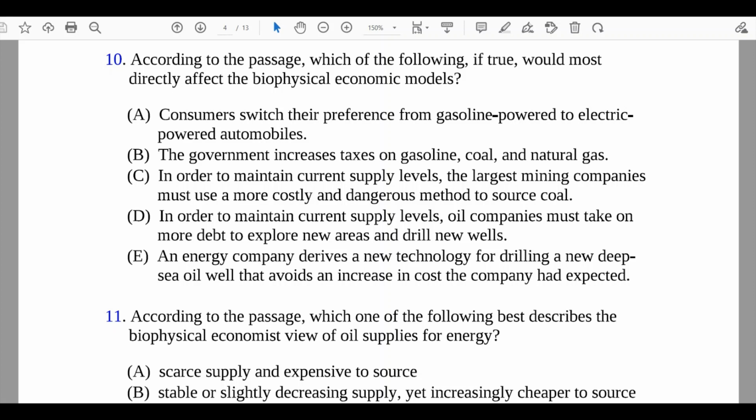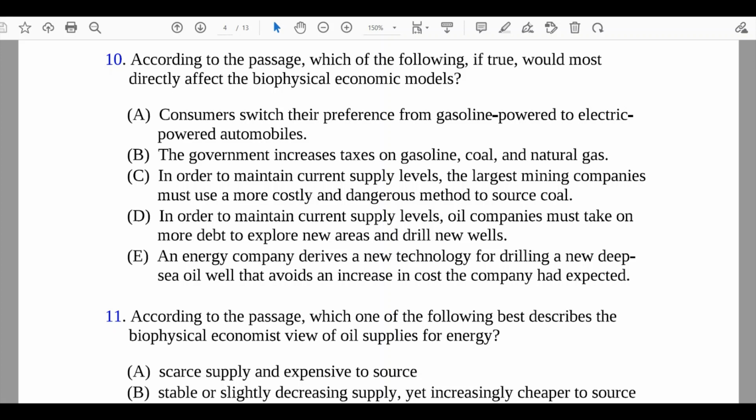Answer D involves debt in the equation, and debt may or may not be related to increased costs. It could also be due to poor management because you don't know the reason for taking on more debt. You cannot know whether or not this affects the biophysical economic model.